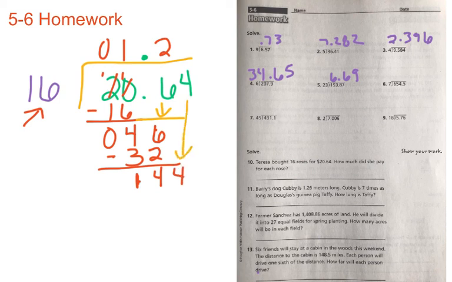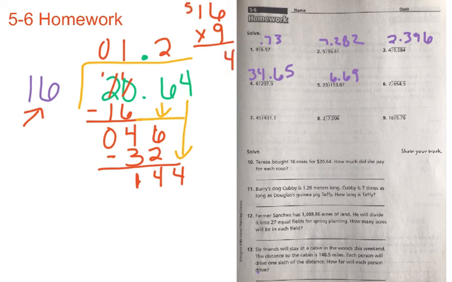So 16 into 144. If I went by 20s, it's actually less than that, so maybe I shoot to go by 15s. I think 16 times 9 is going to give me pretty close to 144. 9 times 6 is equal to 54.